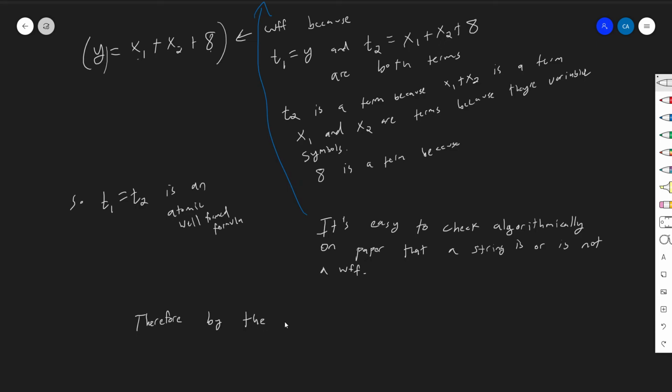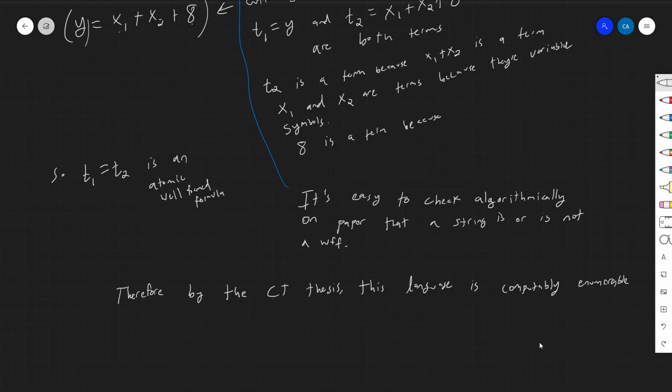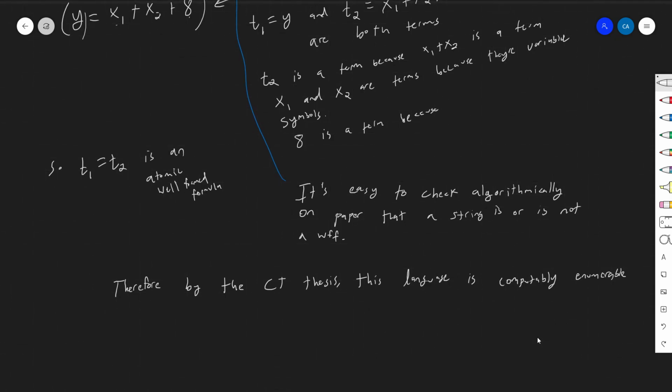by the Church-Turing thesis, this language is computably enumerable. So what's the significance of that for us? The significance is that we can imagine there exists a machine.